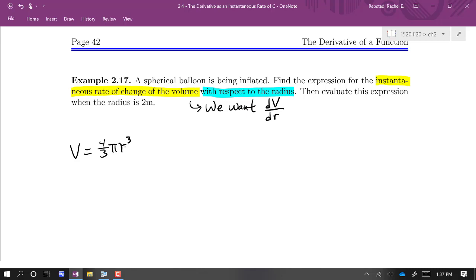But if you were working on a quiz or a test, I would include a little note like, remember that the volume of a sphere is given by 4/3 pi r cubed. So this is our equation that we're going to start with, and that is our f of r.